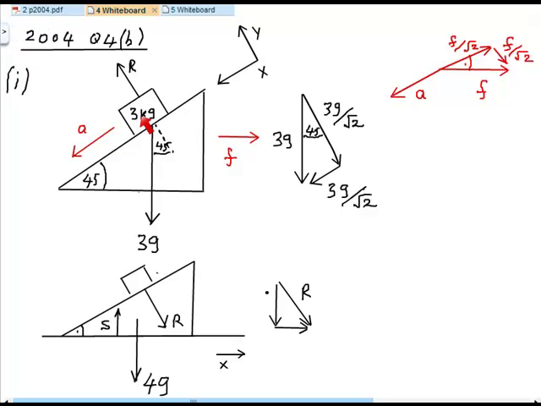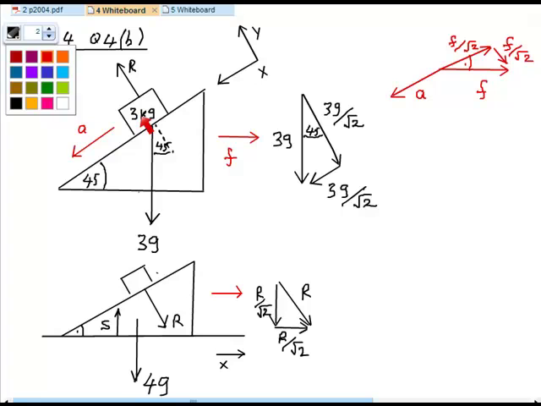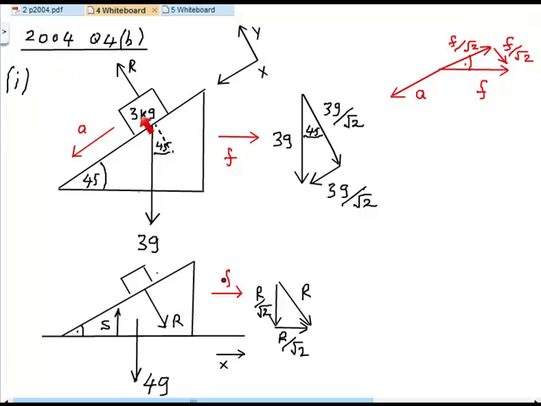There's R, and because the angle is 45, this must be R over root 2, or that's R cos 45 and R sin 45, R over root 2 again. And acceleration, there's only one acceleration here, and that's F, the acceleration of the wedge itself. And that, of course, is F. That's part one of the question done. We've done the force diagrams for the wedge and for the 3 kg particle.